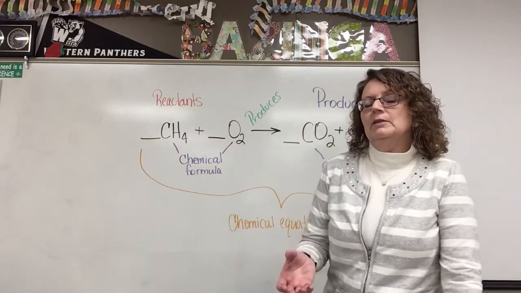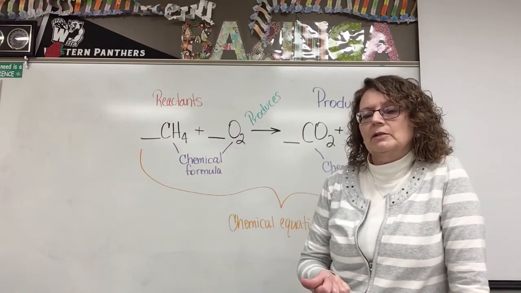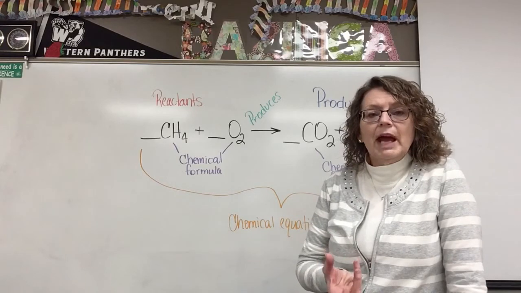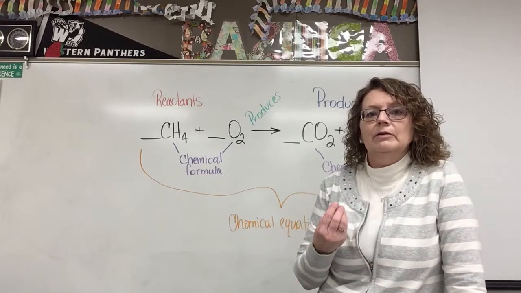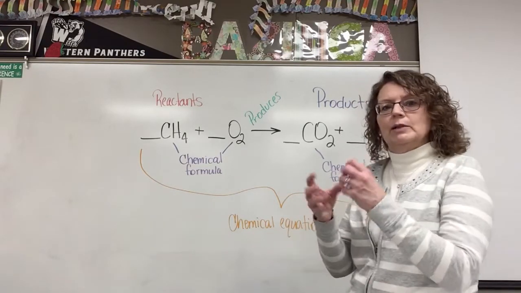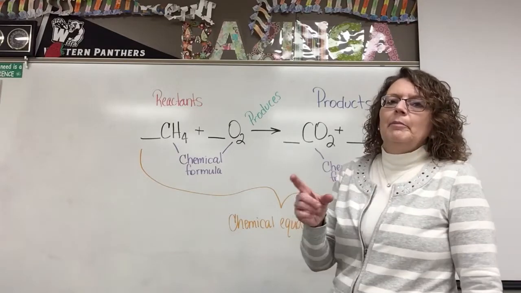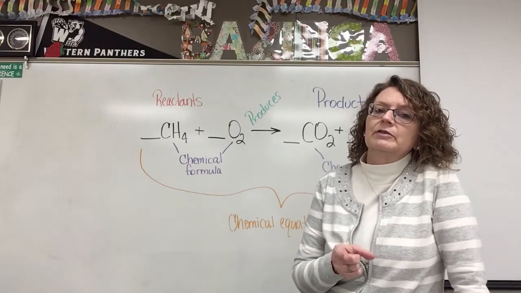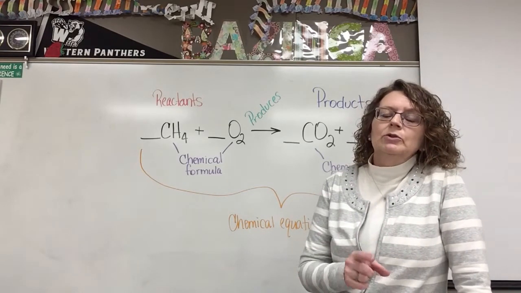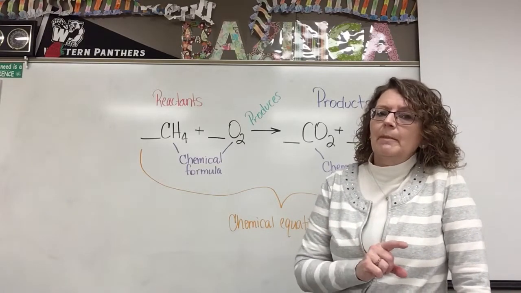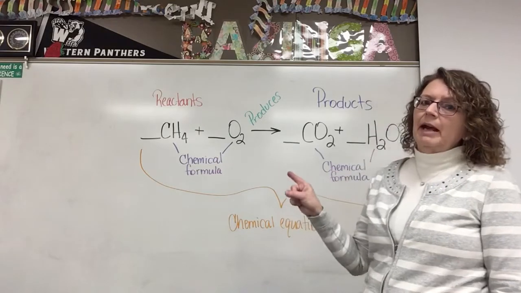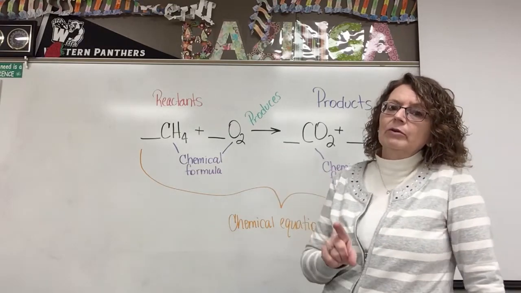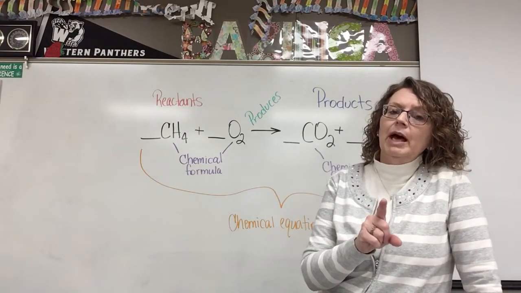One of the things we're going to focus on in this lesson is learning how chemical reactions take place and what's happening, but we're also going to learn how to use them to prove the law of conservation of mass. You can't create or destroy matter on either side of that arrow. You have to account for every single atom.